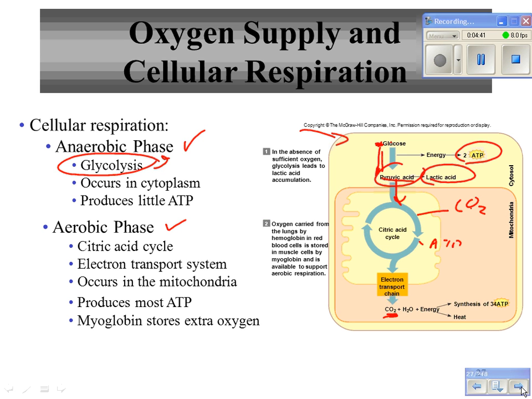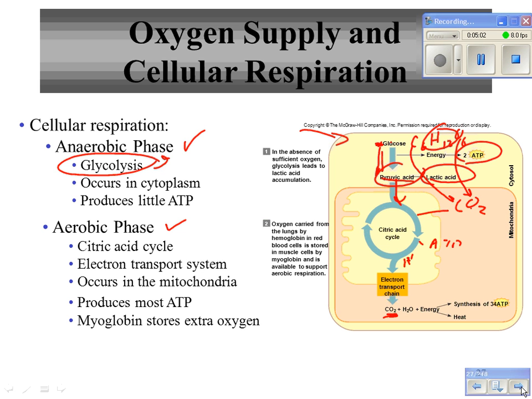The big thing that's left over from all this is all these electrons from our hydrogen. Remember, glucose is C6H12O6. The carbon and oxygen from our glucose leave as carbon dioxide, so we have a whole bunch of hydrogens left over.